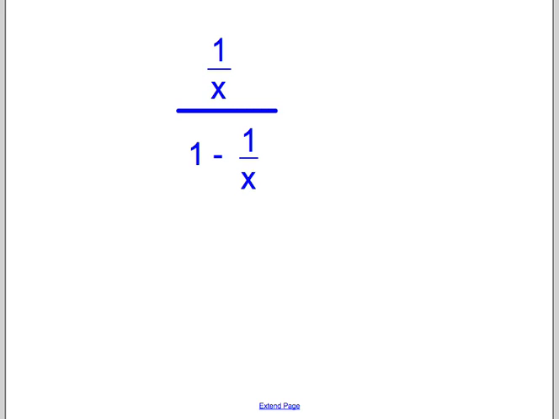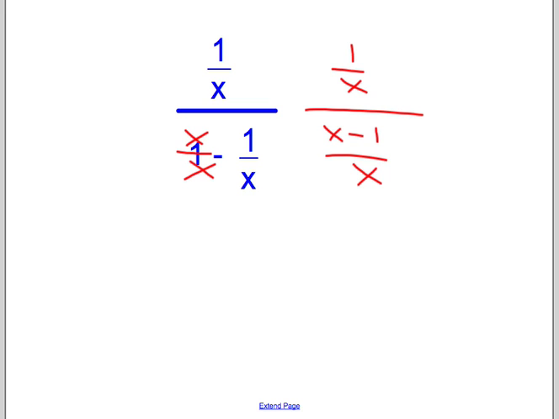All right. Do I need to do anything to the top of this fraction? No. This numerator? No. But on the denominator, again, I need to get a well-chosen 1 in this situation, so that's x over x again. So I have 1 over x minus 1 over x.